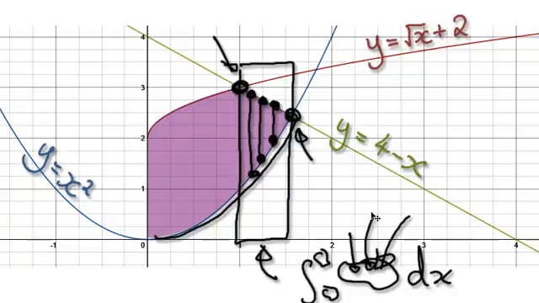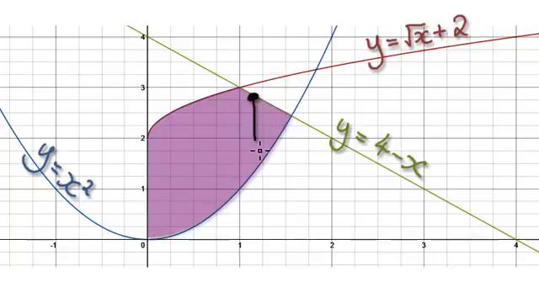What goes in here is the green line taking away the blue line.